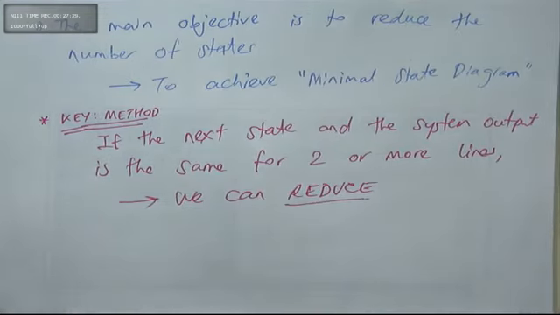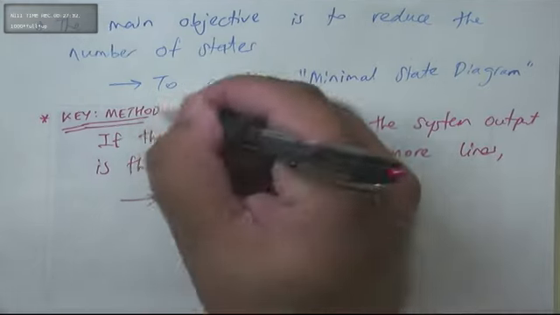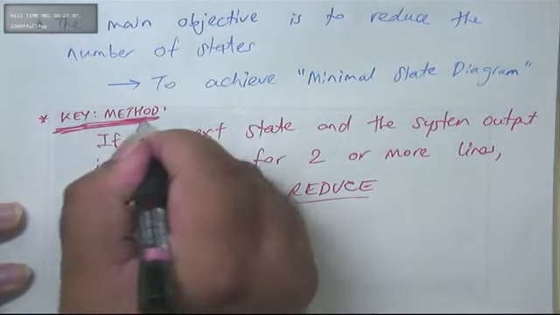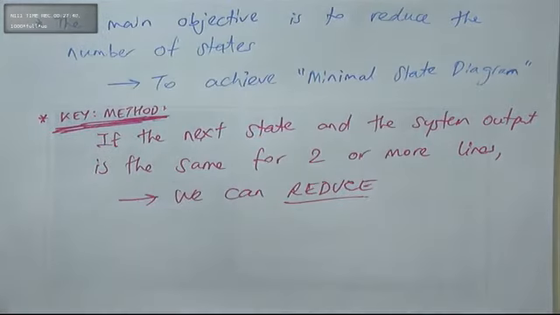All right. So this is the key method, the key technique or the key weapon. If the next state and the system output are the same for 2 or more lines, we can reduce.